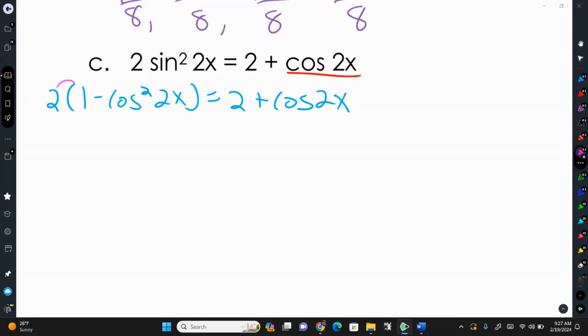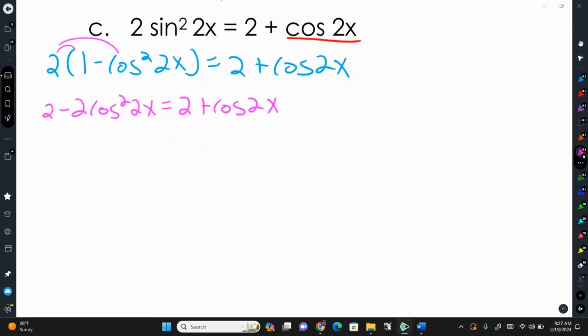I'm going to distribute 2 minus 2 cosine 2x. Whoops, I didn't write down the plus 2x equals 2 plus cosine 2x. So now, just like the previous problem, I want to move everything over. So subtract 2 from both sides.